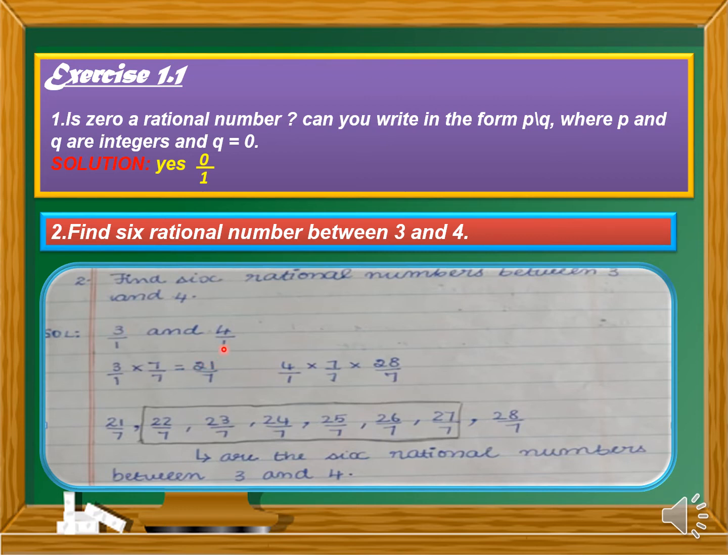When cancelling 21 by 7, 7 into 3 is equal to 21, so 3 remains here, and 7 into 1 is equal to 7, so 1 remains here. Here 28, 7 into 4 is equal to 28, so 4 remains here, 7 into 1 is equal to 7, so 1 remains here, and thus you get 3 and 4. And these are the 6 rational numbers between 3 and 4.